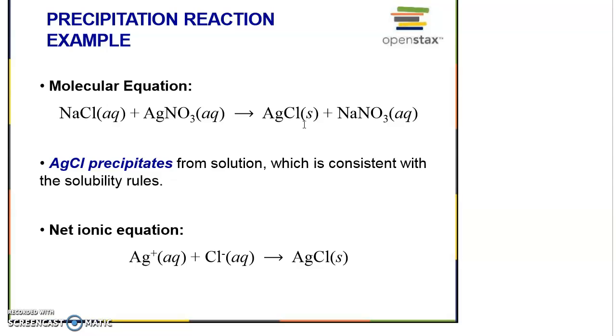Well, we go back to the chart because all the highlights are soluble except those three, and silver is one of them. So silver chloride is not soluble. And if you look at that again, that means the net ionic equation will be silver ion plus chloride ion and form silver chloride, and that is a solid.